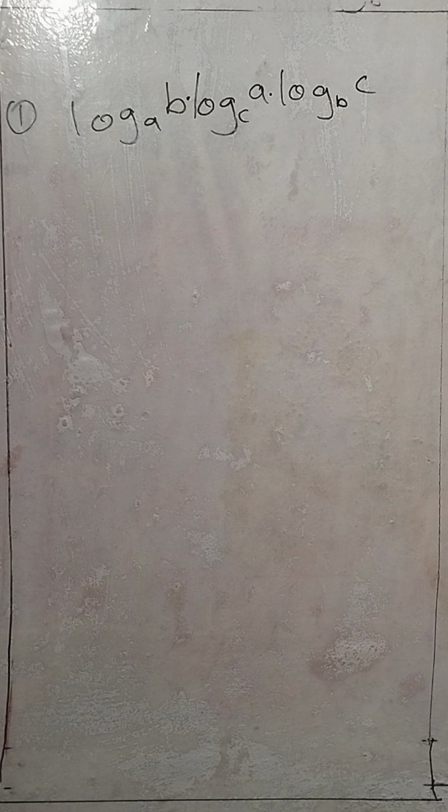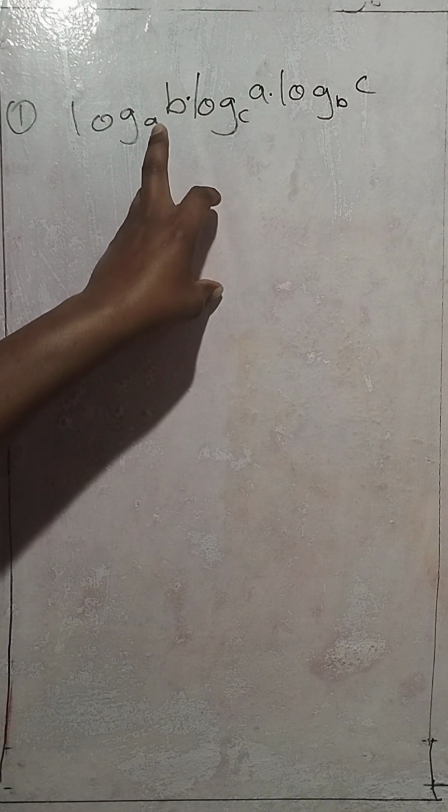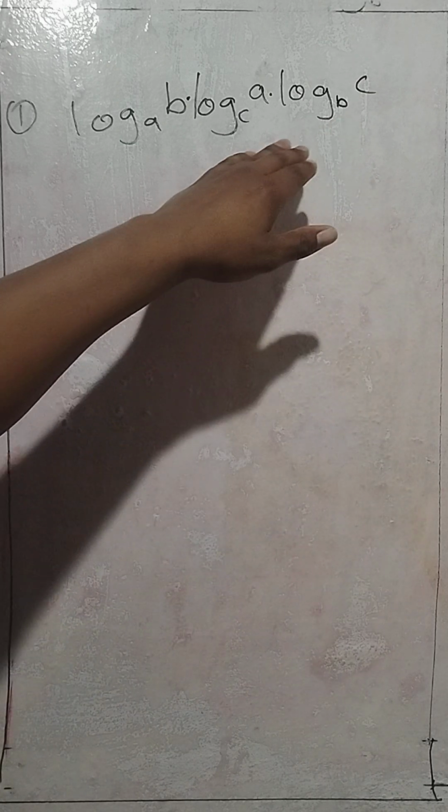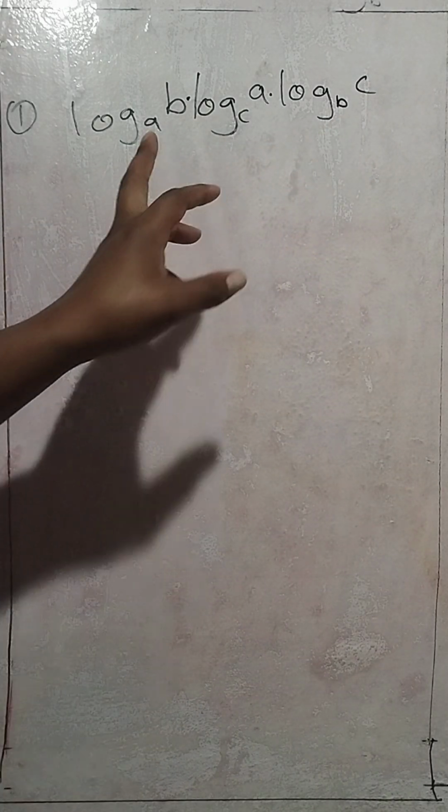But now, which law are we going to apply to ensure that we have things which look alike so that we can cancel? We are going to apply the logarithmic laws which deal with changing of bases. Can you see that we have different bases? We have A, we have C, we have B there. Then let's change all these bases.